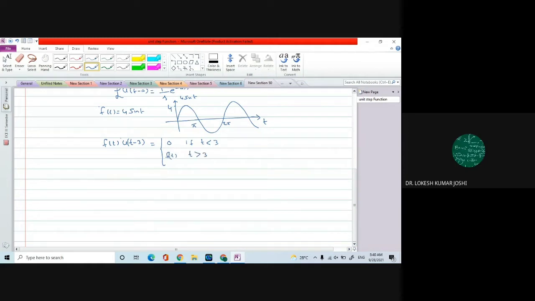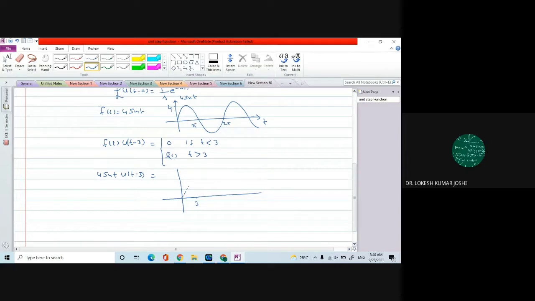Then the graph of the same function, when f(t) equals 4 sin t, the graph of 4 sin t into u(t minus 3) will be defined as follows. Clearly, at t equals 3, say this is 3, its value will be 0.